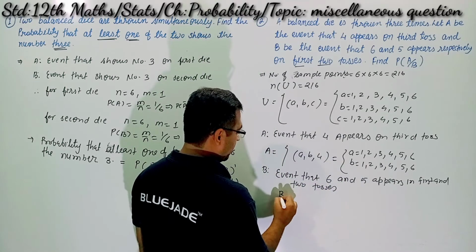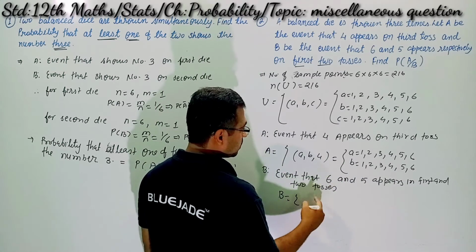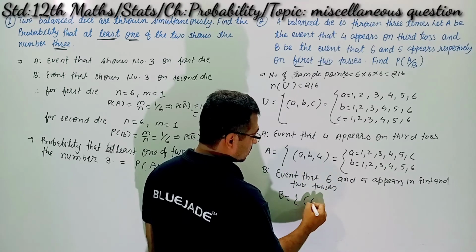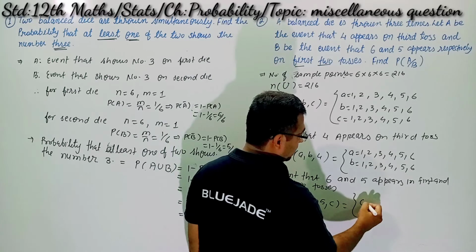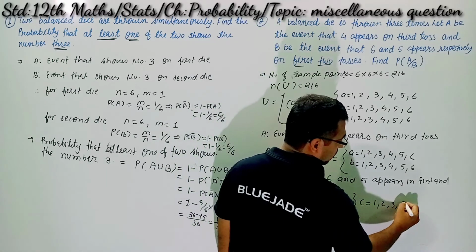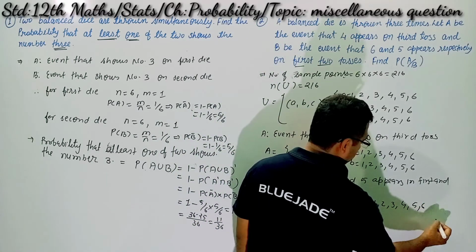So B can be written as: in the first toss 6, in the second toss 5, and the third is unknown. So students, C can be 1, 2, 3, 4, 5 and 6.